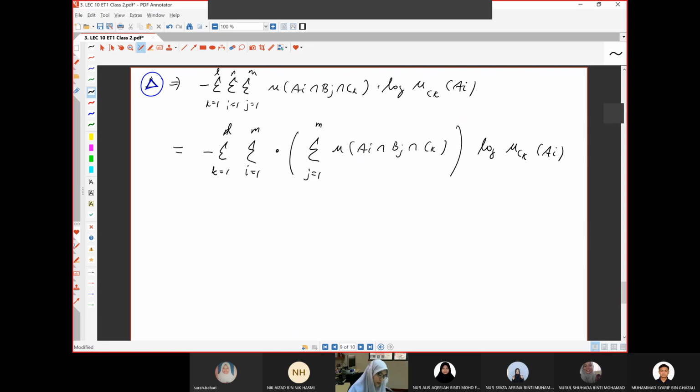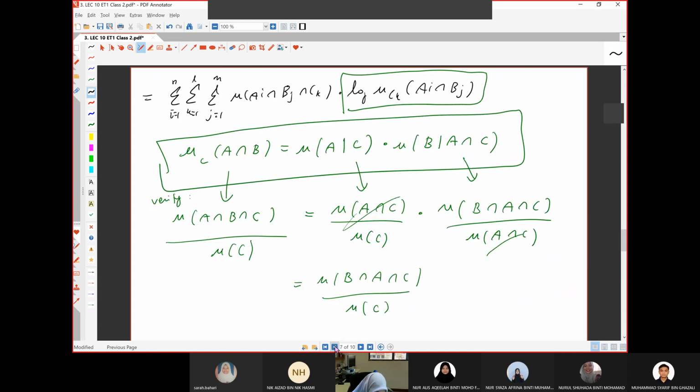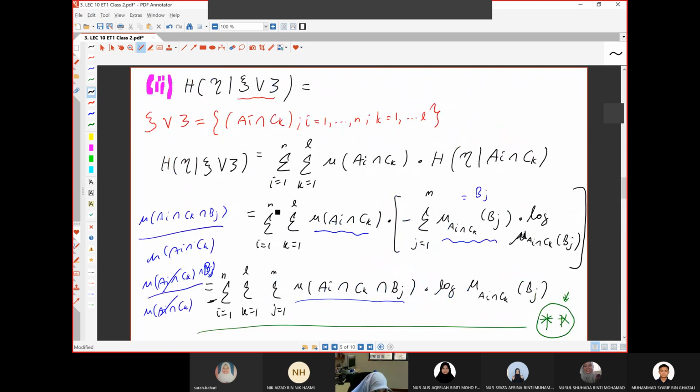Why I bring this sum into the bracket is because we want to eliminate J. Actually, we want to eliminate it because, if you can see this part, the second one, we will not have B in our last calculation.